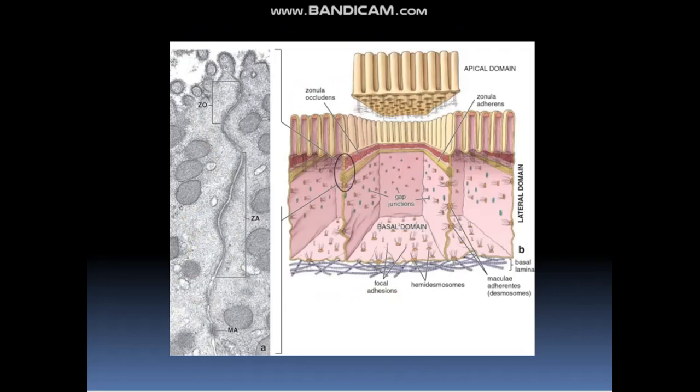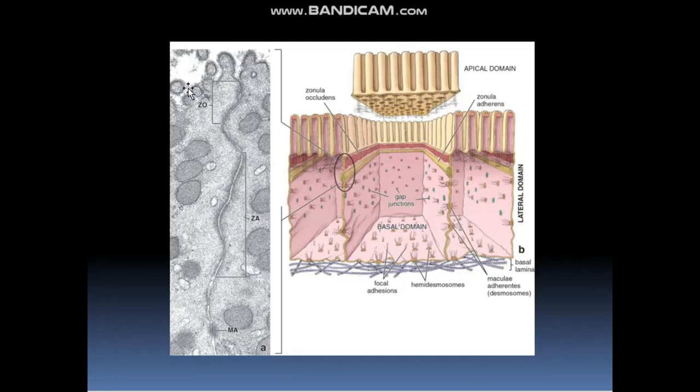Now let's come to the surface modifications of the cells. As we know, epithelial cells are polarized cells. That's why they have an apical domain, pay attention, and a basolateral domain. Here you can see a schematic representation of neighboring epithelial cells, one cell here, a second one, and a third one.